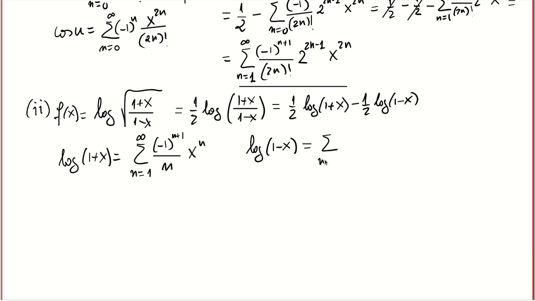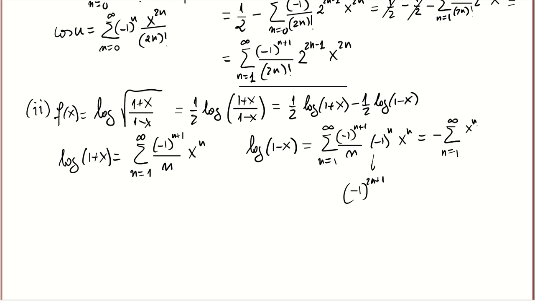And if you do that, what you get is (minus 1)^(n+1) over n, and here you get (minus 1)^n times x^n. So you have here (minus 1)^(2n+1), which is always odd, and therefore this is always negative. So this is equal to minus the sum from 1 to infinity of x^n over n.